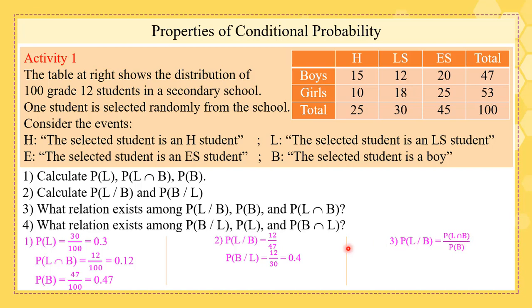Okay, now what relation exists among P of B given L, P of L, and P of B intersection L? We have P of B given L is 12 over 30, P of L is 30 over 100, and P of B intersection L is 12 over 100. So we have a similar relation. P of B given L is P of B intersection L over P of L. Remember here, dear students, that P of A intersection B is the same as P of B intersection A.